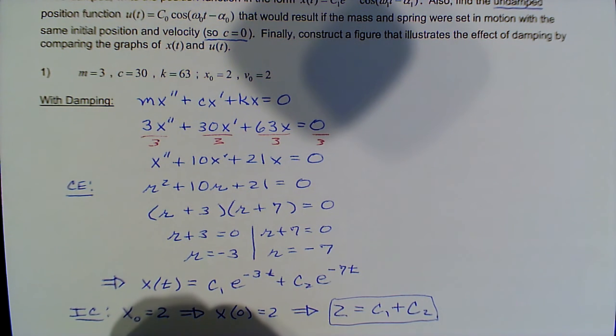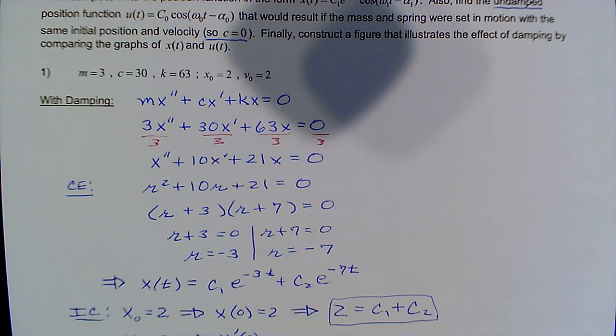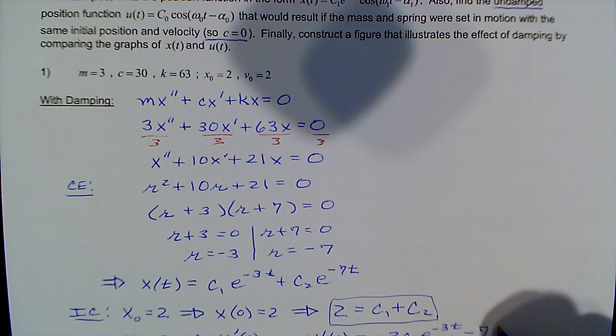The second initial condition states that v sub 0 is also 2, but note that v sub 0 is really x prime of 0. So I guess I should have actually, at this point, found x prime of t. Let me just do it right here. x prime of t would be negative 3c1 e to the negative 3t minus 7c2 e to the negative 7t.